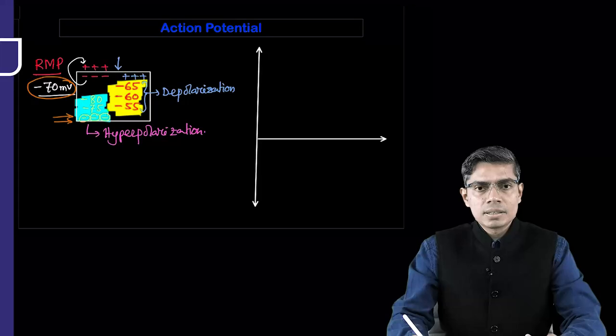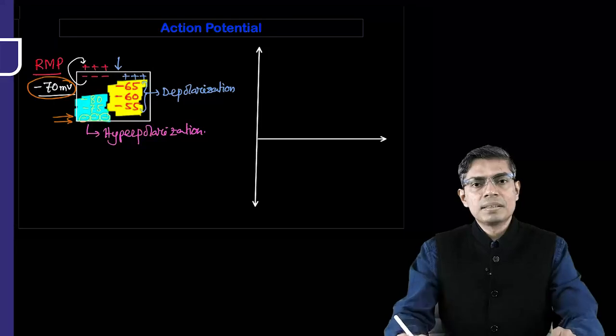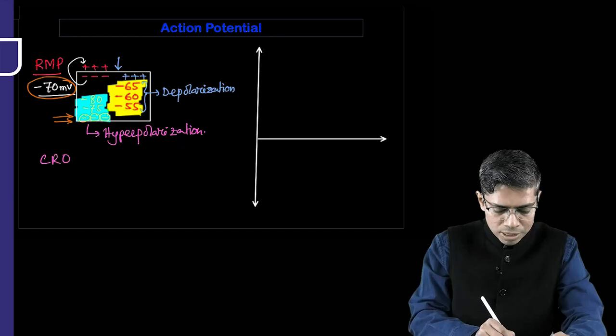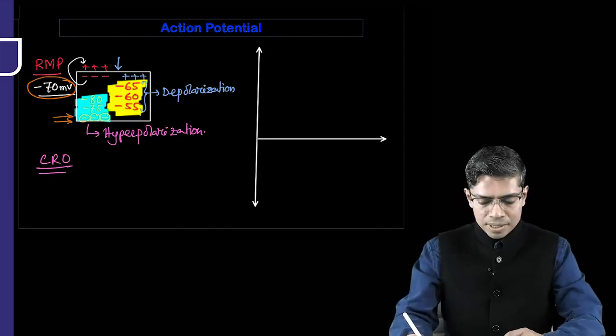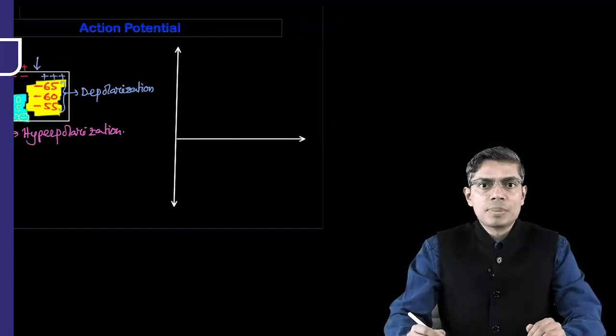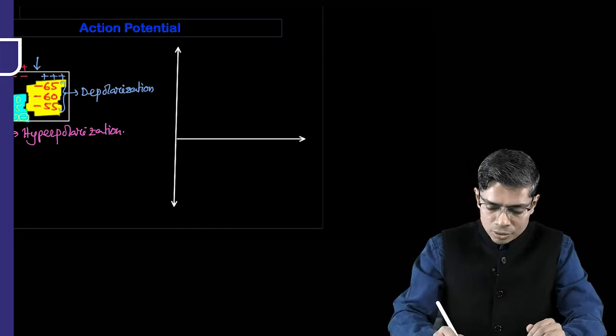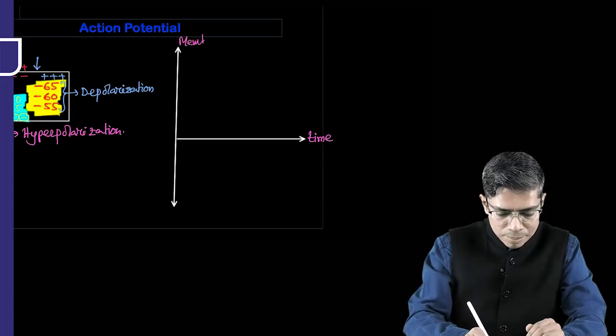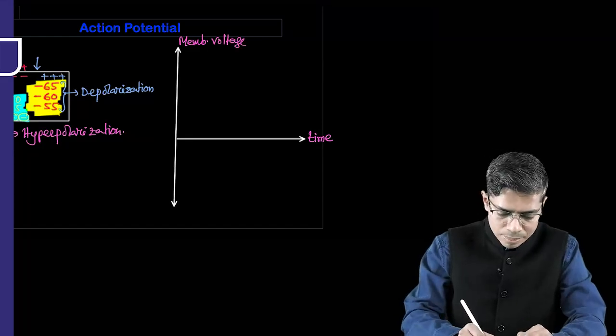Now I told you that if you want to record the resting membrane potential on a screen, we generally use the cathode ray oscilloscope, CRO. On this CRO screen, how will depolarization and hyperpolarization look? Suppose this x-axis is the time axis, and the y-axis is the membrane voltage axis. This is the point of RMP, minus 70 millivolts.